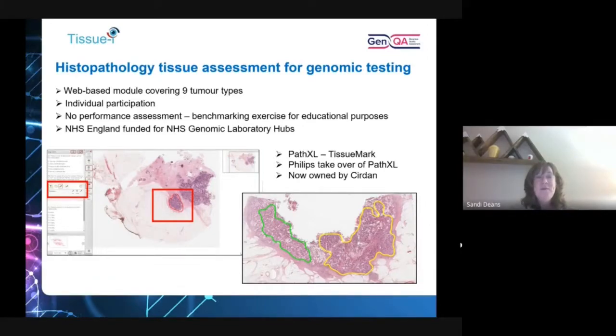You can see here that we have images where you can increase the magnification and move around as you would on a normal microscope, and we ask some questions listed on the left hand side. The first one being, is this tissue suitable for molecular testing? And then we can determine the tumour content and also the cellularity, and mark up areas for macrodissection if that's appropriate.